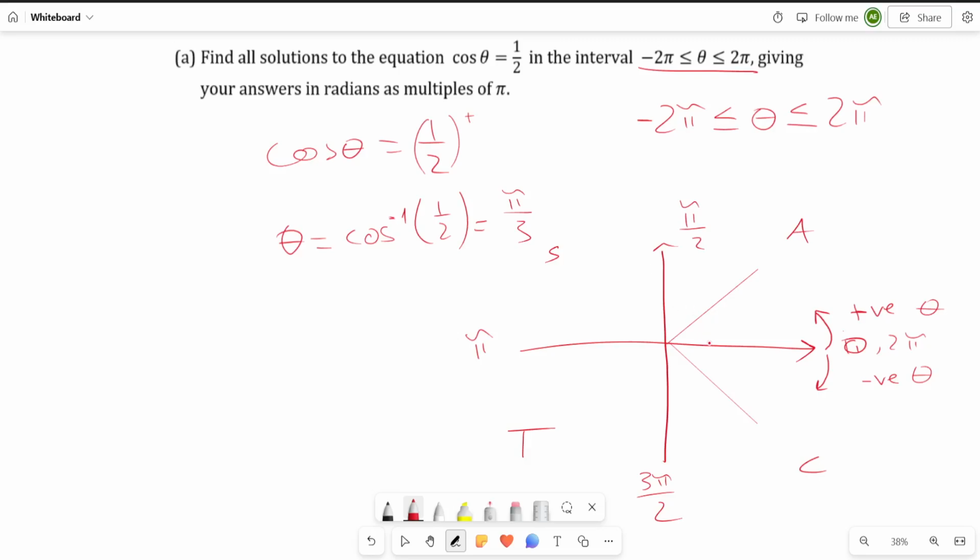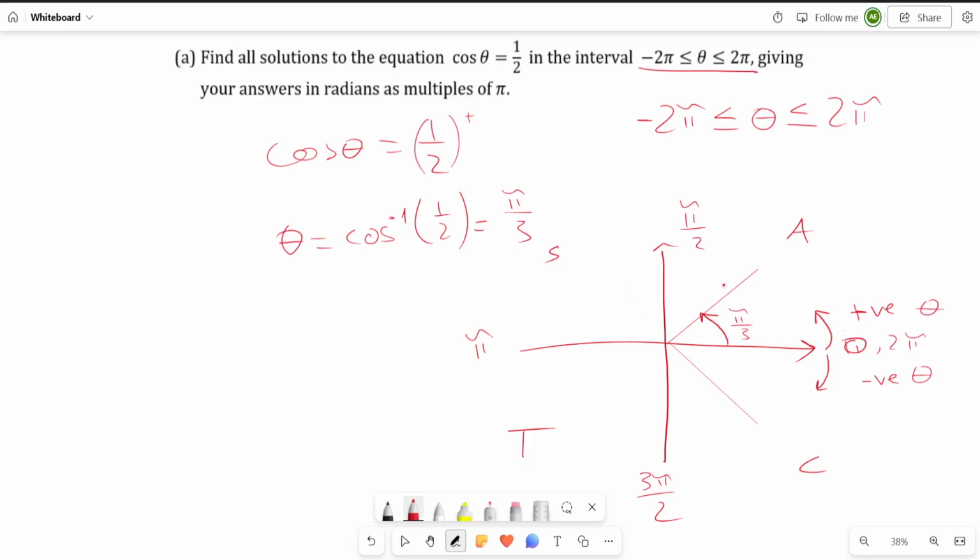So we know that pi over 3 is basically in this region, right? So we know that pi over 3 is a positive angle, so I'm gonna go like this, and this is going to be my pi over 3 angle for my first solution. Okay, so this is my first solution, which I got using the calculator, which is pi over 3.